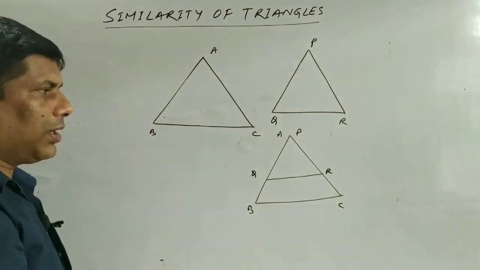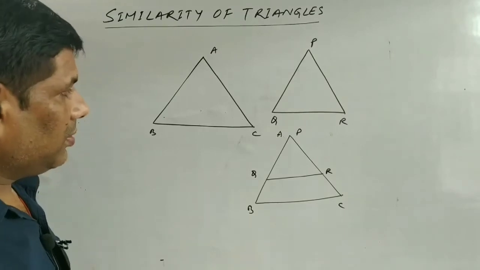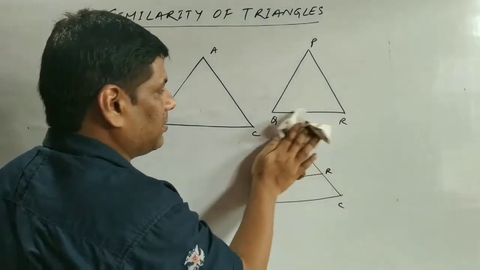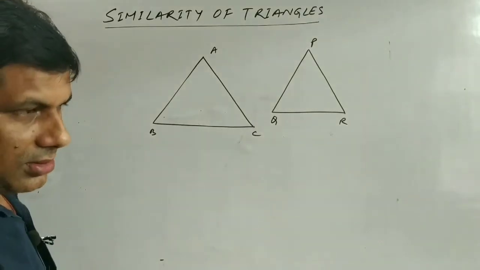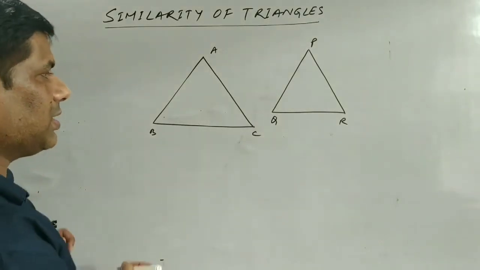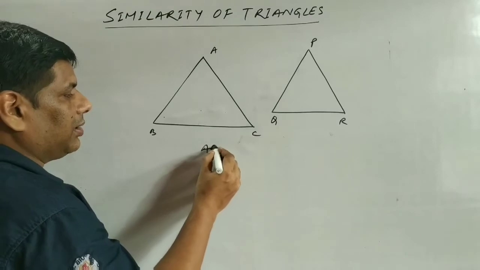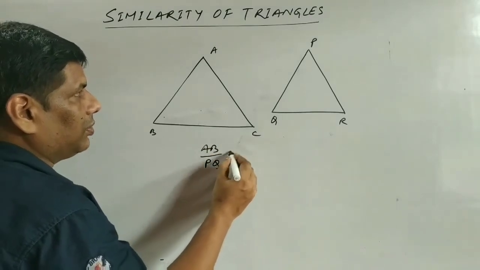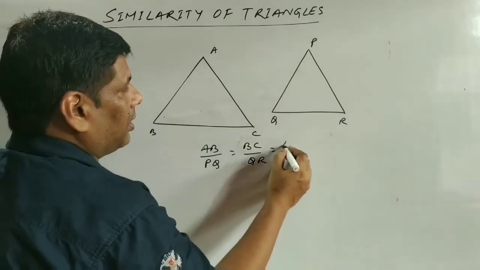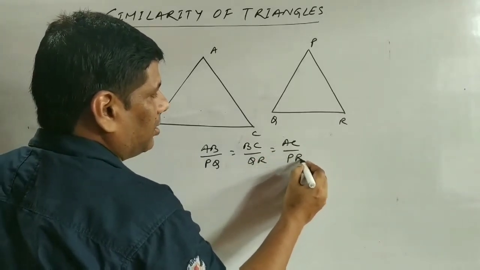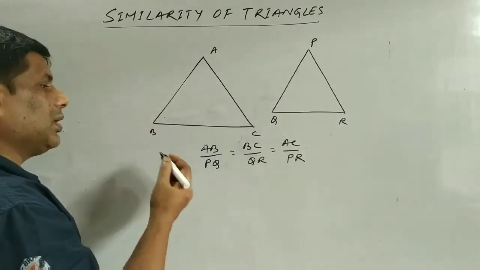If two triangles are similar, then the ratio of corresponding sides will be equal, like AB by PQ, BC by QR and AC by PR. Also corresponding angles will be equal.